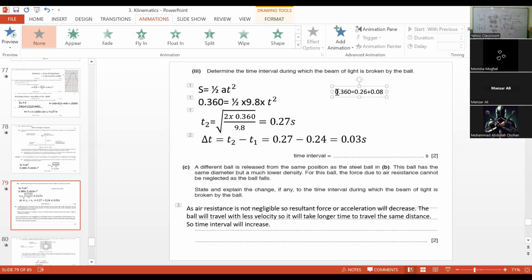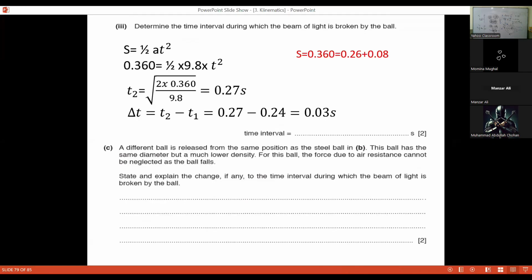This is the distance it has traveled from the top. ये मैं वैल्यू यहाँ पे यूज करूँ. So the difference of the time will give us the value of time interval that the ball travels from the top of the beam to end of the beam. Here, I think I have taken the first photograph.